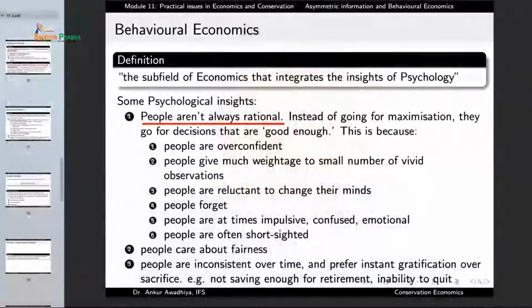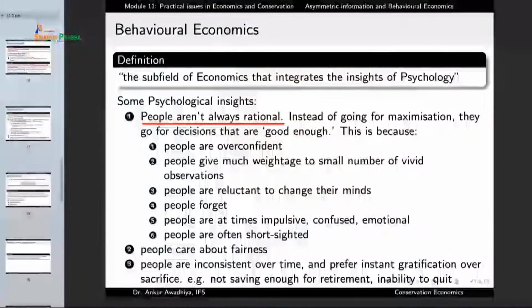And the person might give an overemphasis to this piece of information. So, when that happens, people might not go for the maximization of their welfare, but they would say that, okay, this vehicle, I know that it does not work well, and so I'm not going to consider this vehicle at all.